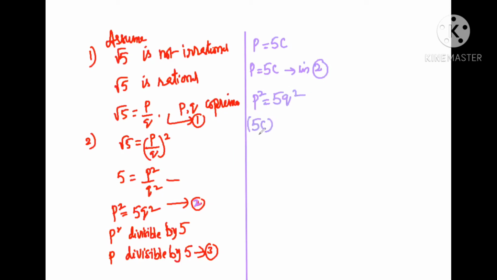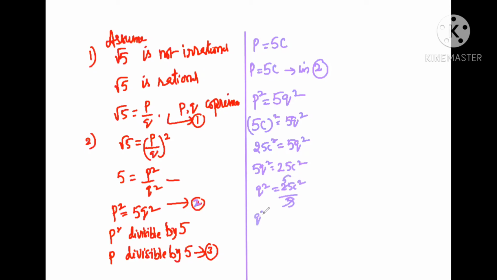Here (5c) whole square is equal to 5q square. 25c square is equal to 5q square, so q square is equal to 25c square by 5.